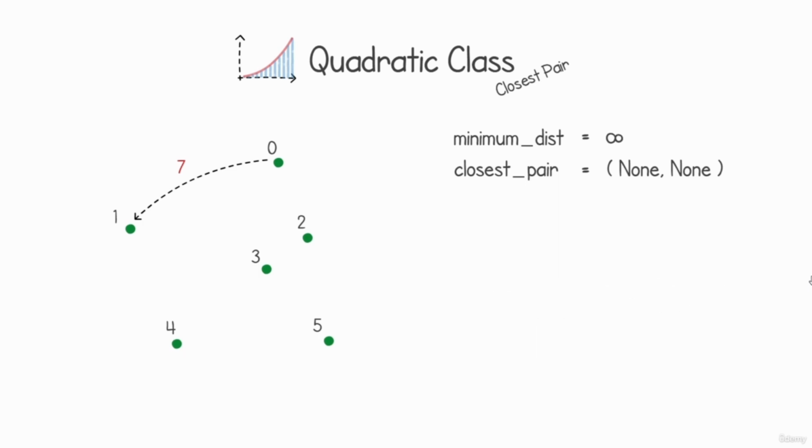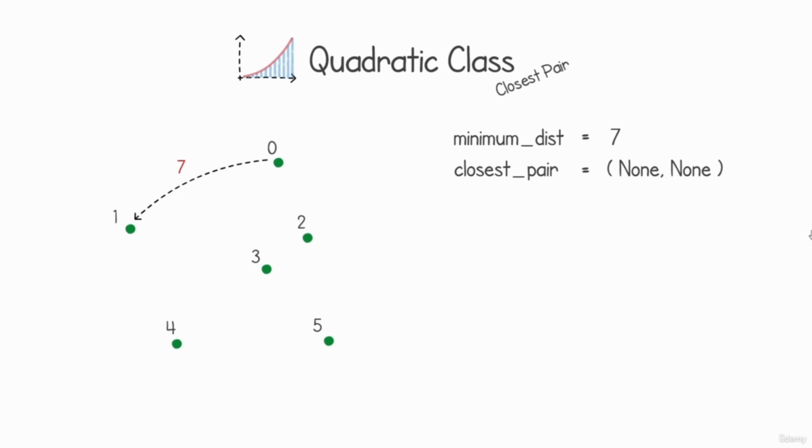Once we find this distance, we compare it to the minimum distance variable. If the minimum distance variable is bigger than the distance that we have just found, we need to update our variables. In this case, 7 is less than infinity, so we update the minimum distance to be 7, and we also update the closest pair variable.